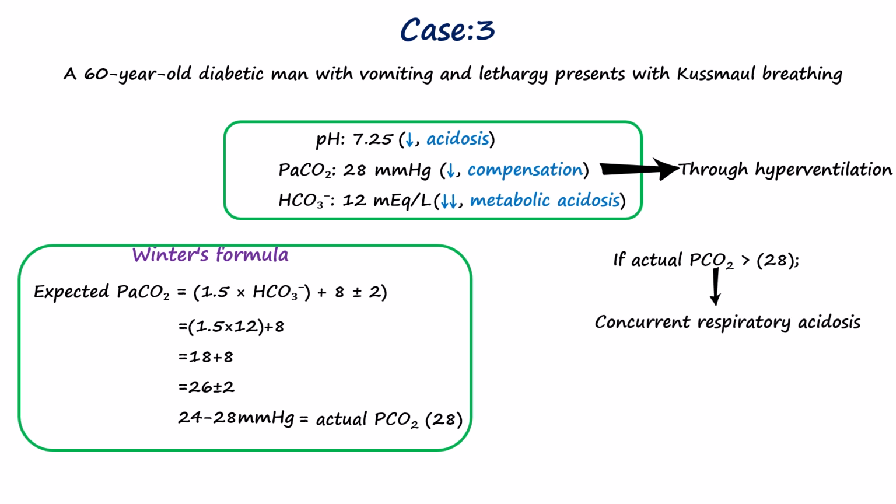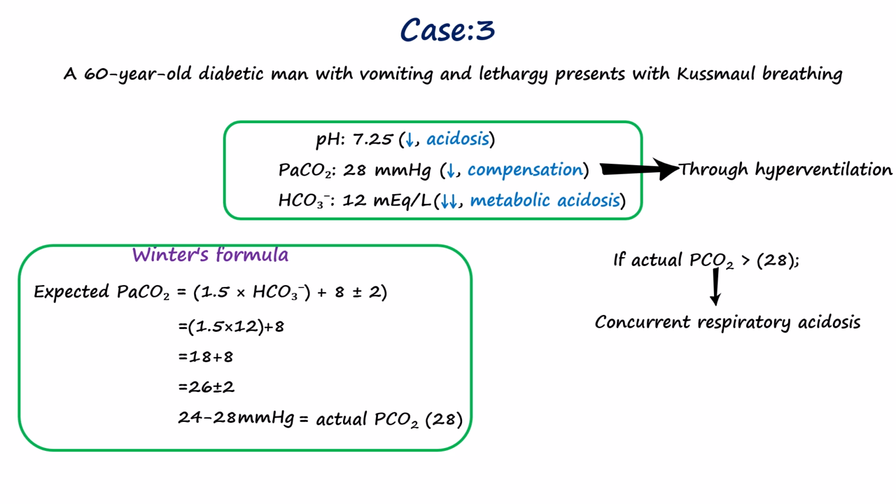But for metabolic acidosis, these conditions are rare because the compensation is typically near complete in metabolic acidosis. So it would also mean concurrent respiratory acidosis, where a second disorder, for example due to hypoventilation, is preventing PaCO2 from falling as much as it should.